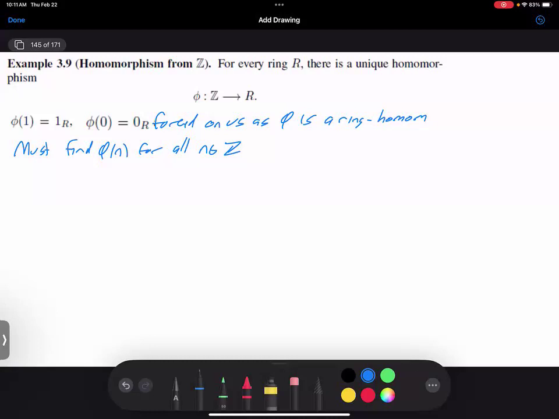What should we look at next? Okay, so we want to look at phi of 2. So phi of 2 is phi of 1 plus 1, which is phi of 1 plus phi of 1, which is 1_R plus 1_R. So that's basically just 2 times 1_R.